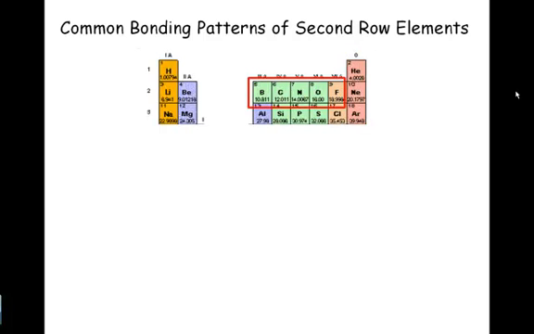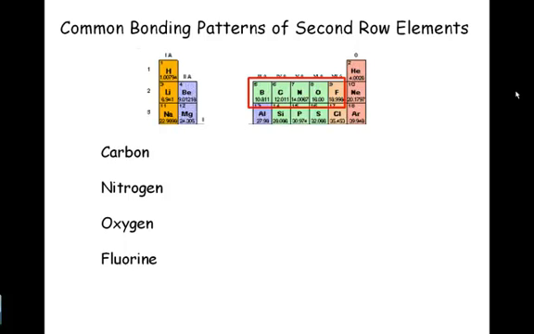So now we come to our second row elements in the upper right portion of the periodic table, and here's where things get a little bit interesting. Until you get to the halogens, these are intermediate in terms of electronegativity and tend to form covalent bonds, and this is what we're going to be looking at now.